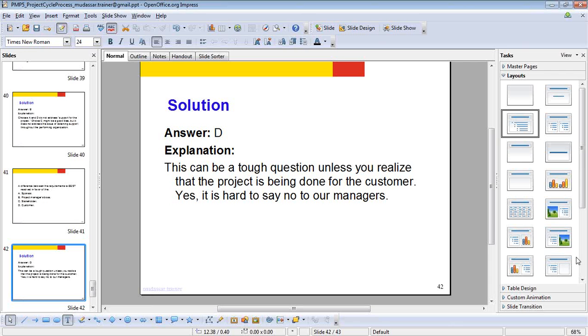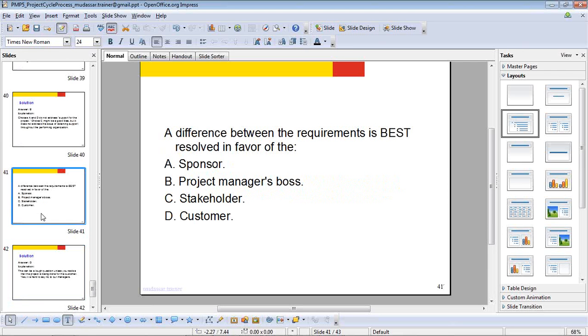Subodh is saying if there is one more option, project. Are you saying that there should be another option called only project in this case?